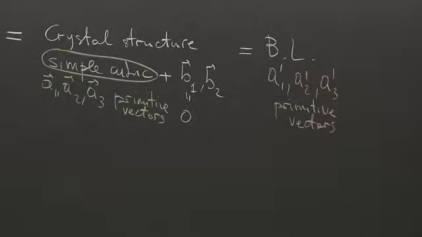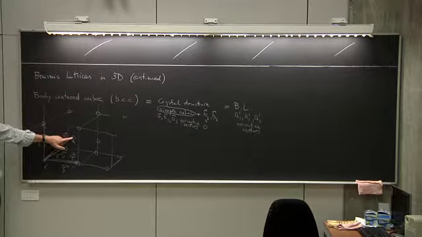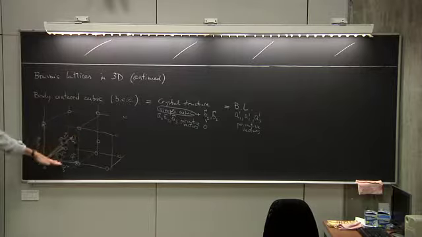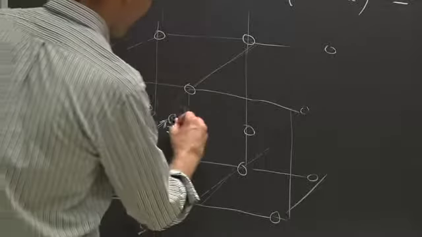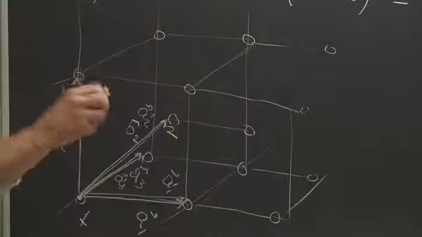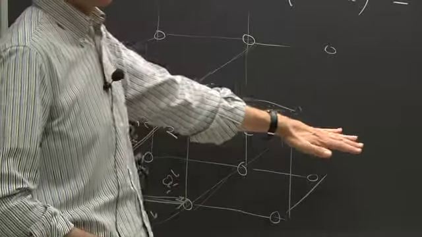Is it true, by the way? Well, with A1 and A3 prime, I will cover the whole ground floor of the structure. With A2 prime, I'm going up half a floor with respect to the cubic structure. But then I can move with A1 and A3 to reach all the points that are at the center of the cubes in this first floor.